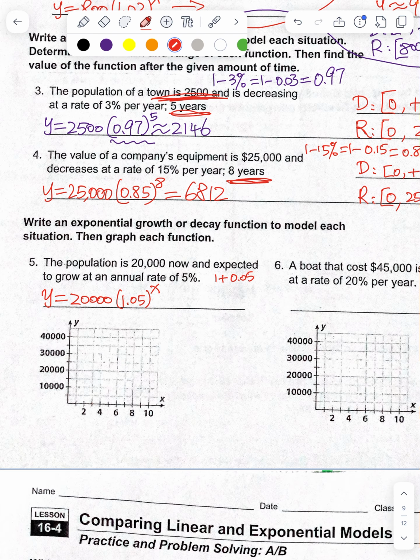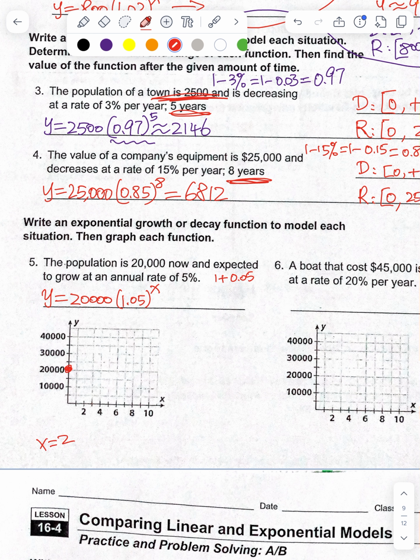So now let's graph it. When x is equal to 0, the function, this part is 1. 1 times 20,000 is 20,000. So when x equal to 0, it's right here. That's the first point, yeah? What about when x equal to 2.